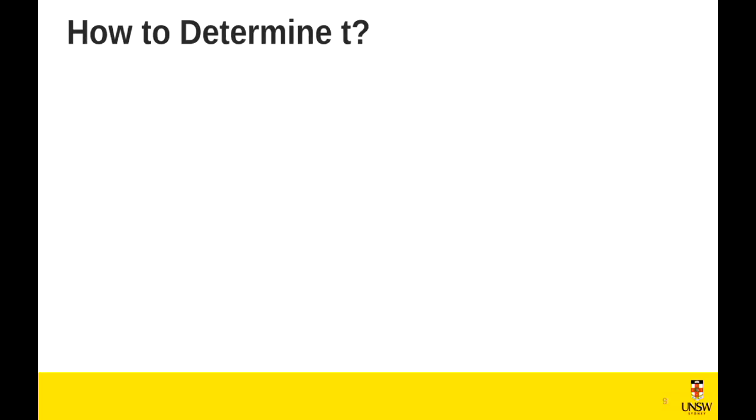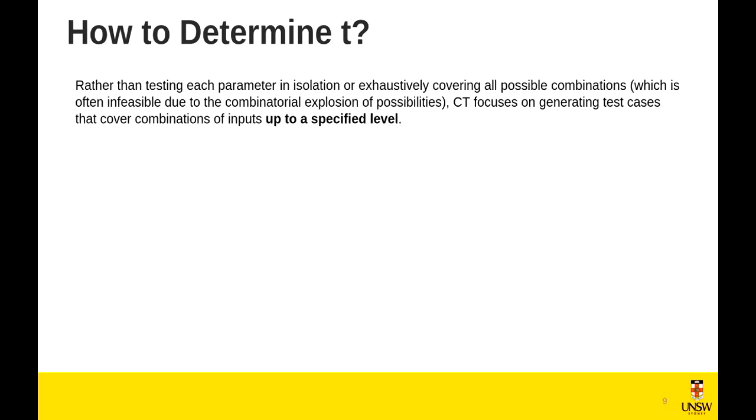So how do we limit the number of test cases we could have? The first thing we can do is limit the interaction level, which means that we can limit the number of t here. And how do we determine the number of t?